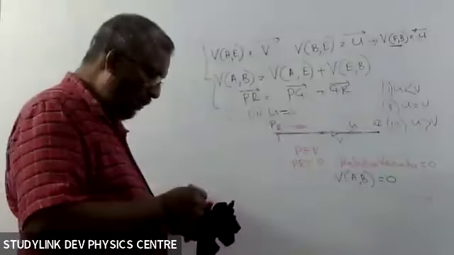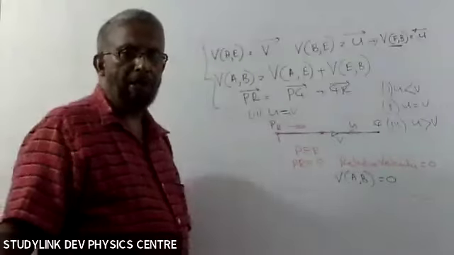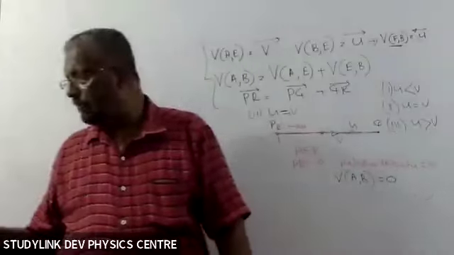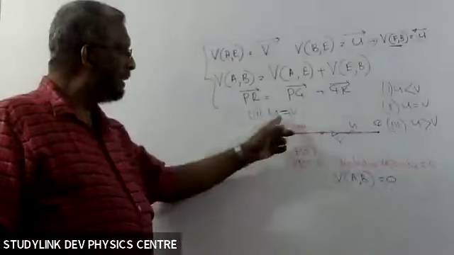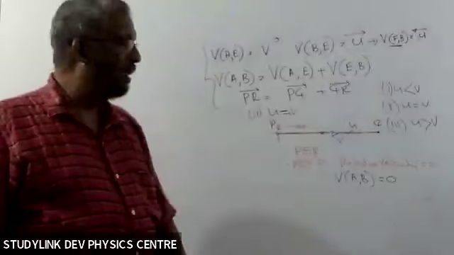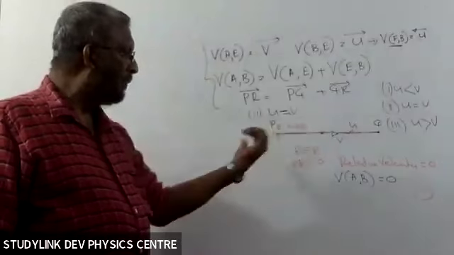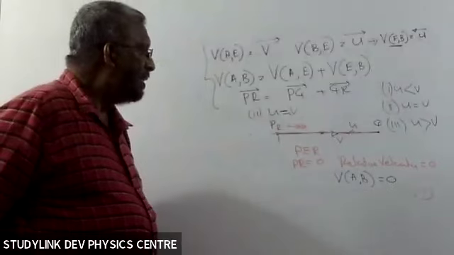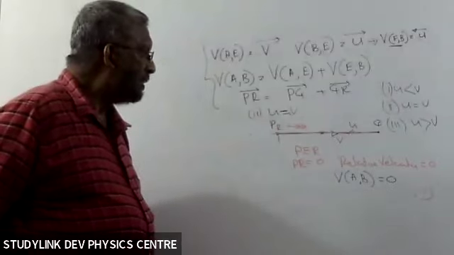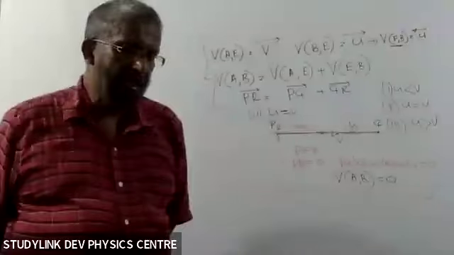Then when we consider the second situation, U is equal to V, that means the magnitude of the QR vector is equal to the magnitude of the PQ vector.